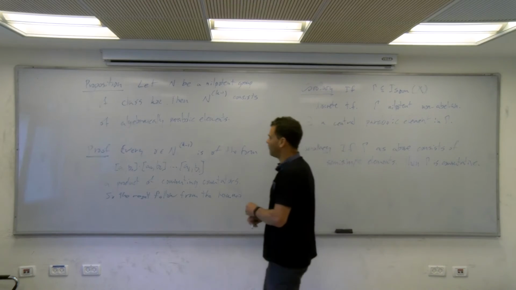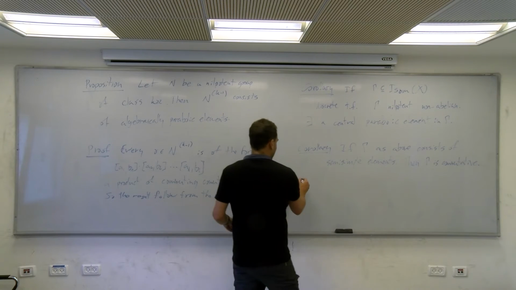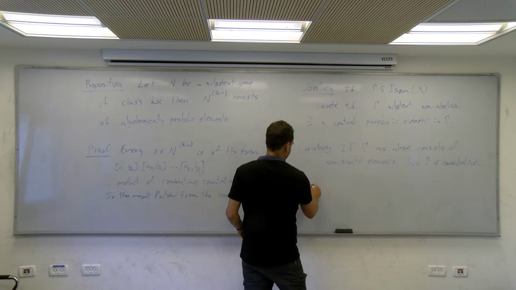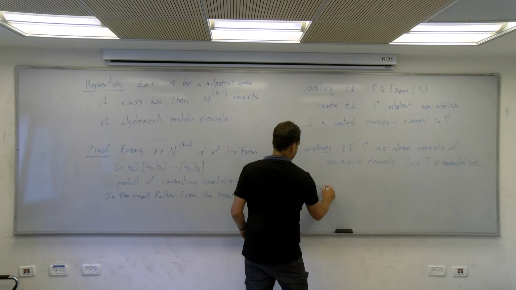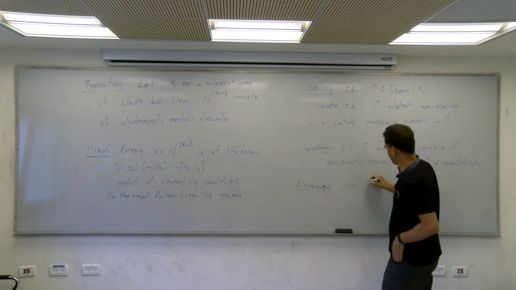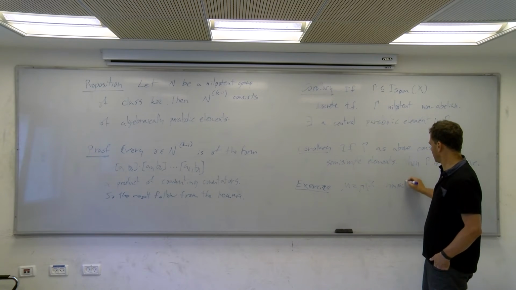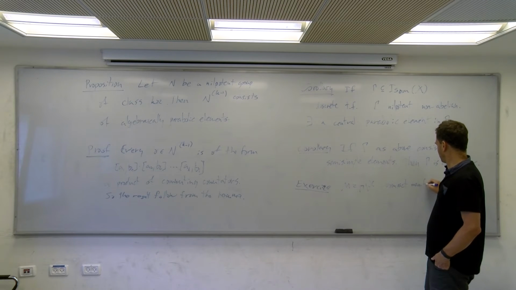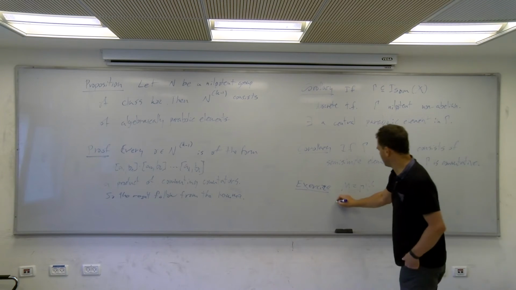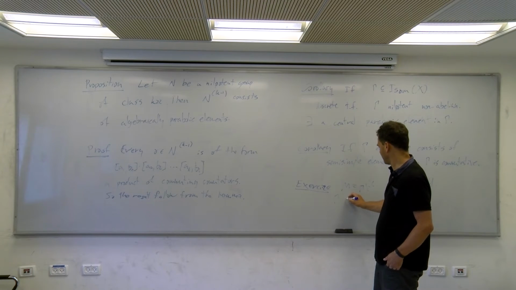You cannot have a parabolic element. Okay, let me give it as an exercise: if M is X mod gamma, a compact manifold, then gamma consists of hyperbolic elements.